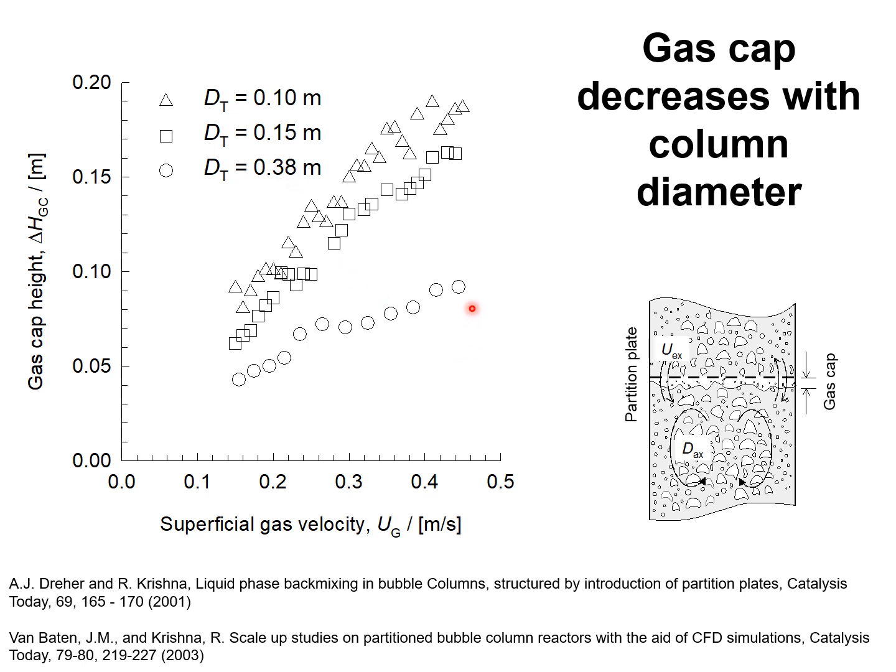Let's try and understand this variation by carrying out CFD simulations for a partitioned bubble column. The background information is available in the papers listed here. Catalysis Today, published 2001, and Catalysis Today, published in 2003.